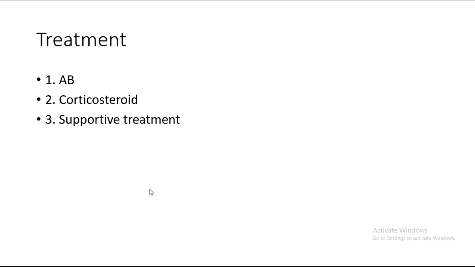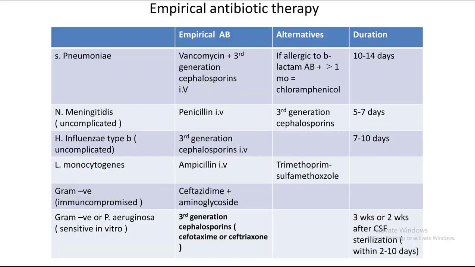Treatment includes antibiotic, corticosteroid, and supportive treatment. For the antibiotic, in most of the cases, we perform lumbar puncture or we don't perform it. In either case, you will not get the result of the culture immediately.